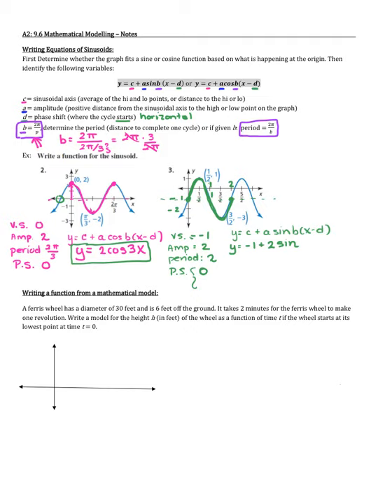The b value, again, is b equals 2 pi divided by the period. So that leaves me with pi. So this is going to be pi. And then we're starting on the x-axis, so d is going to be 0 as well. That would be my sine graph for that particular function.